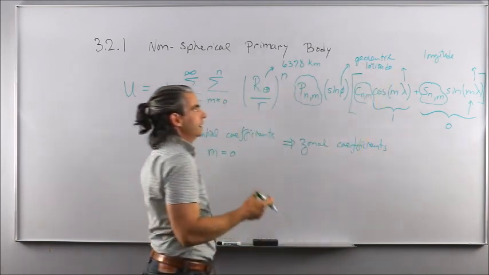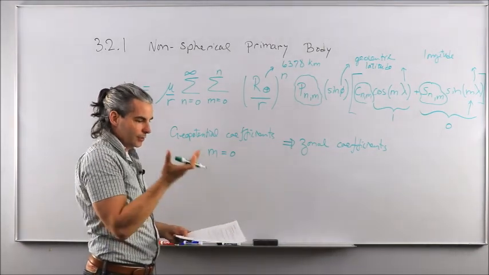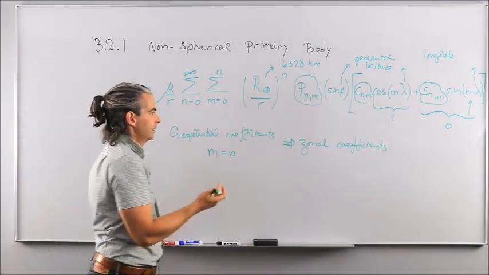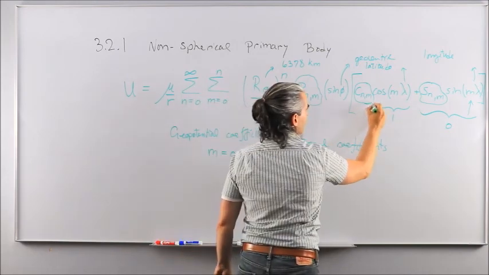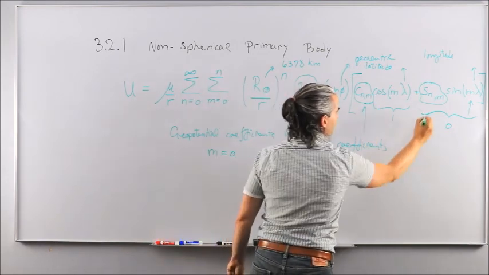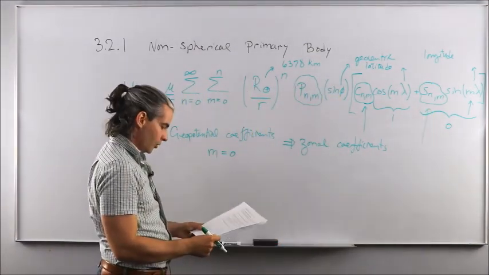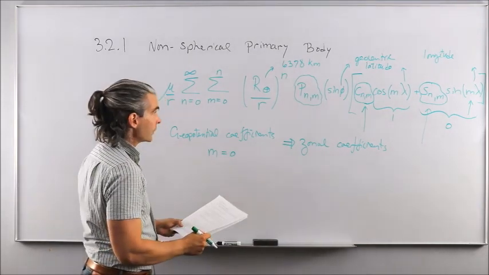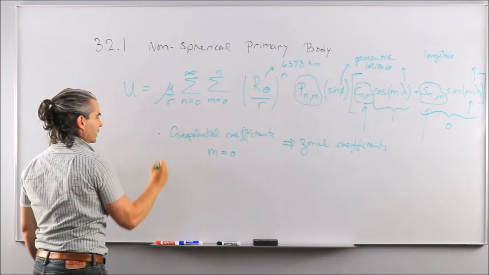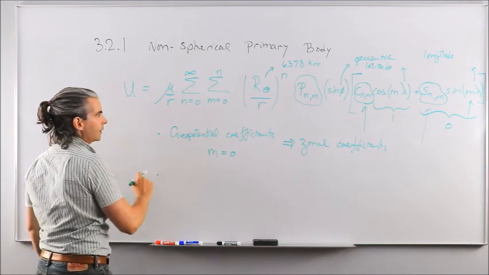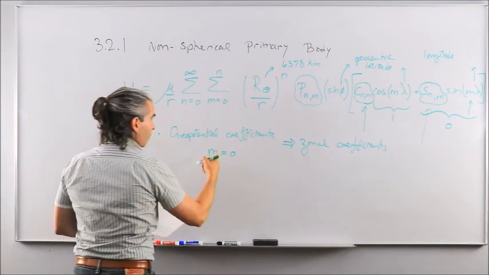And it turns out that the dependence on the latitude in the gravitational field that the spacecraft is experiencing is known as a zonal contribution, and therefore the particular coefficients that we consider at m equals 0 are going to be referred to as zonal coefficients. And common practice is not to use C_nm where m is equal to 0.